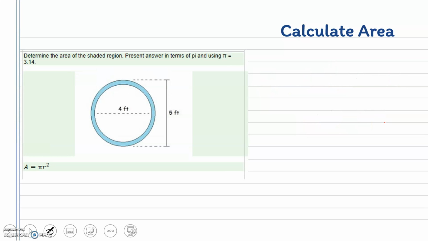Now you want to determine the area of the shaded region. Please be aware for this one, we have edge to edge, so this is our diameter. If you have your diameter, but we're looking for the radius, what should you do?